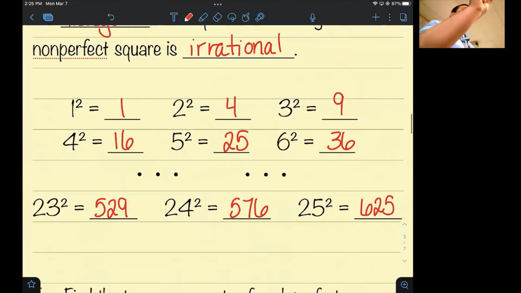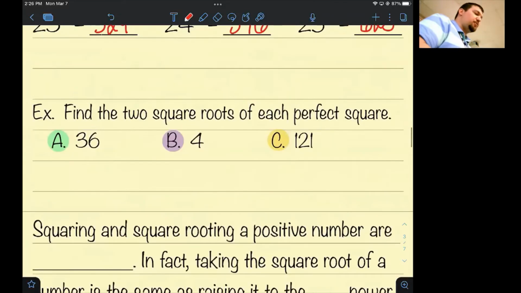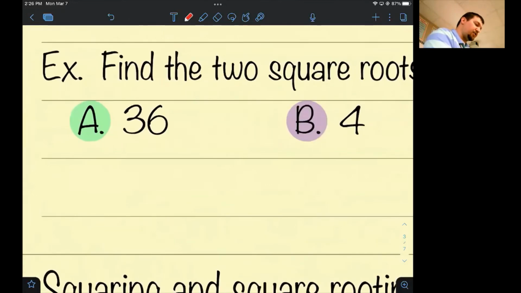You need to fill that in, and I would suggest having a chart of your first 25 written out that you're studying just a little bit each night. Find the 2 square roots of each perfect square. That means the positive and negative version. What are the 2 square roots of 36, Guy? That's exactly right. Deegan, the 2 square roots of 4?